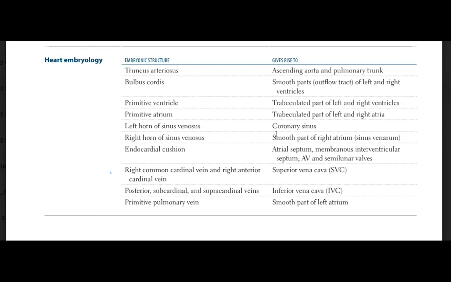We studied the smooth part of the right atrium from the right horn of the sinus venosus. But the smooth part of the left atrium is derived from the primitive pulmonary vein. Okay, so the pulmonary veins incorporate and give rise to the smooth part of the left atrium, which we also call the auricles.